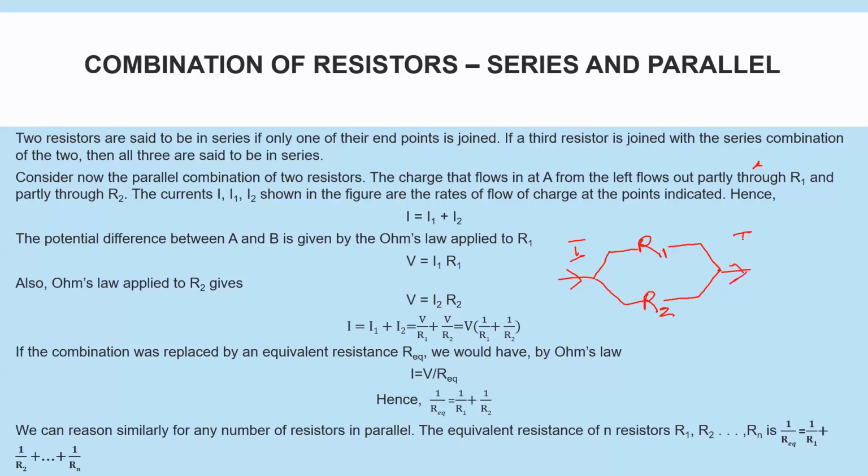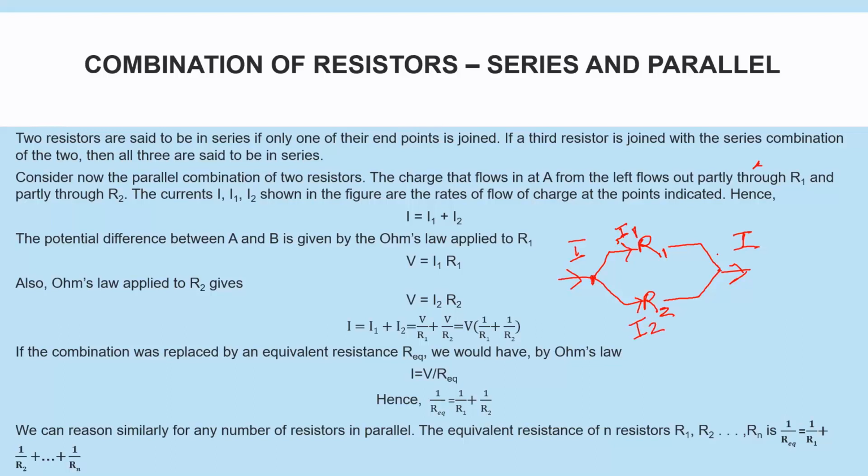But since now the resistors have been connected in a parallel fashion, the current over here gets bifurcated into two. So the current through R1 is going to be I1, and the current through R2 is going to be I2.